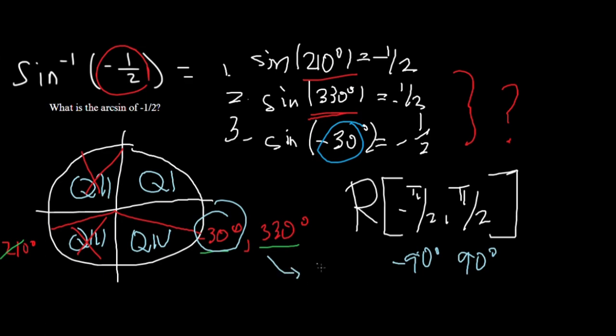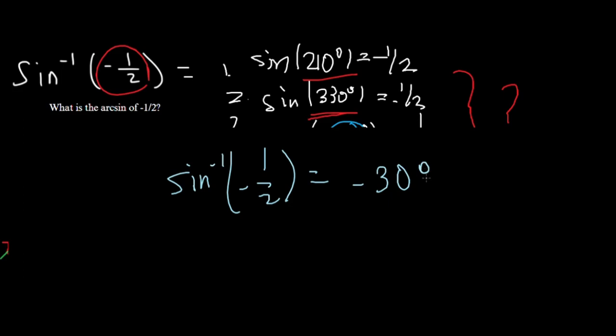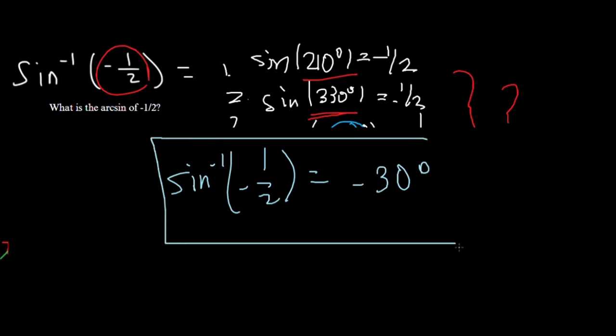While 330 degrees is above 90 degrees and which is not between quadrant 1 and quadrant 4. Therefore, ang arcsin ng negative 1/2 is negative 30 degrees. Now that is our final answer.